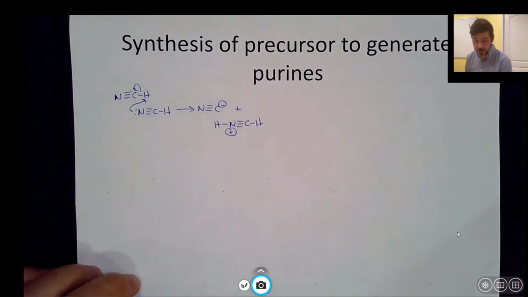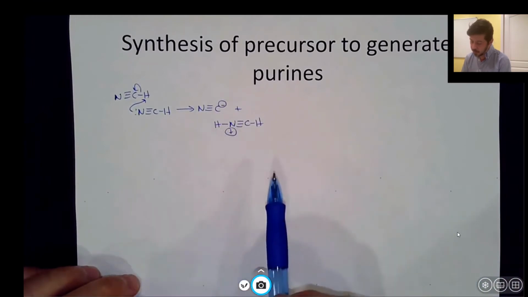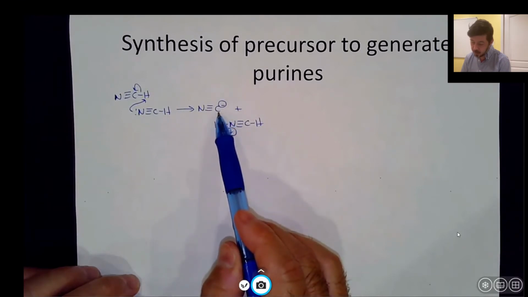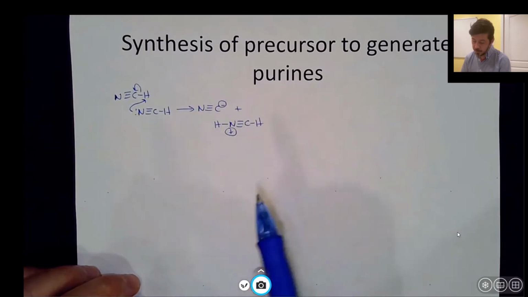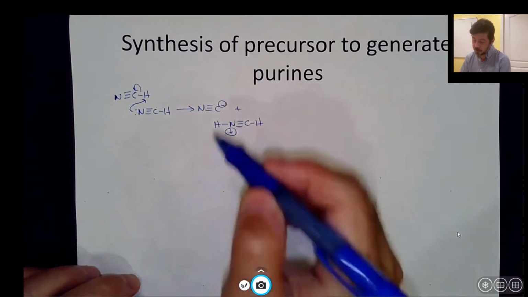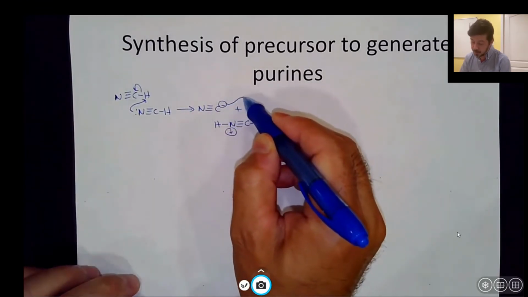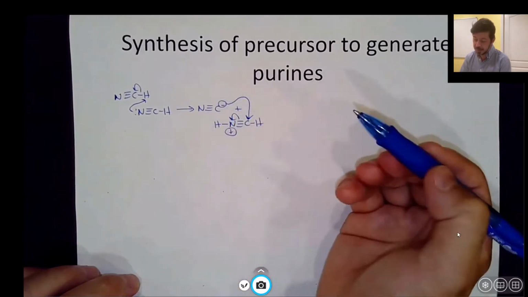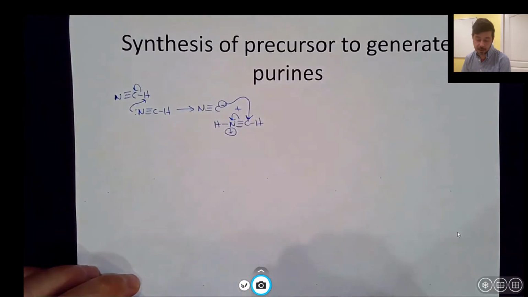So if you look at these two molecules here, you now have a good electrophile at this carbon, and you actually have a good nucleophile at that carbon. So hydrogen cyanide is really good at self-reacting with other molecules of itself based on simple nucleophile-electrophile coming together.